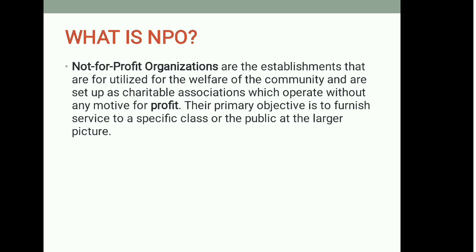The first question is, what is NPO? I'm not asking about the full form, but the full form is not-for-profit organizations. Not-for-profit organizations are establishments utilized for the welfare of the community and set up as charitable associations which operate without any motive for profit.